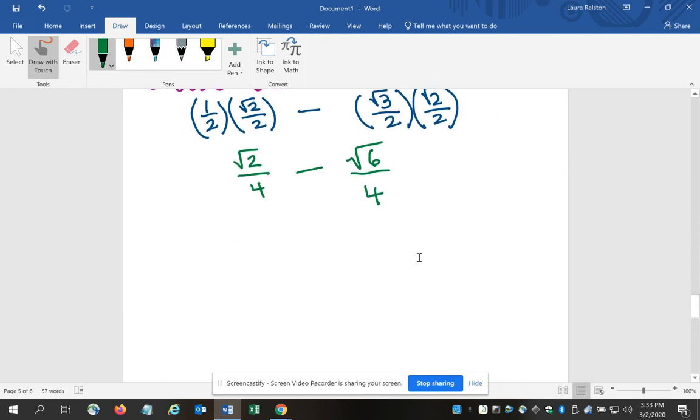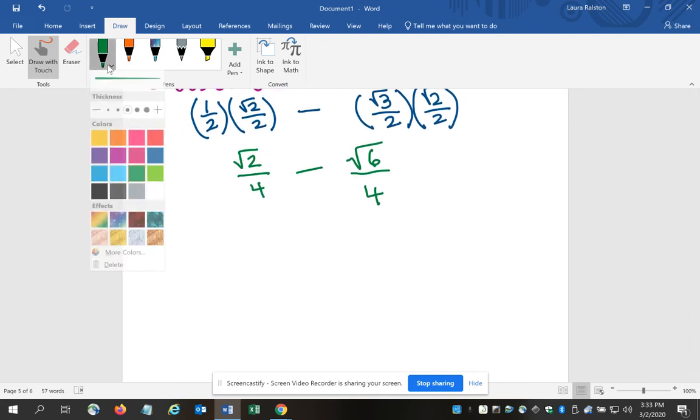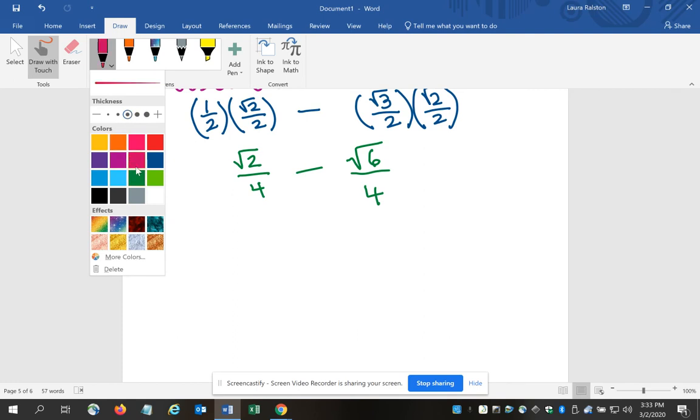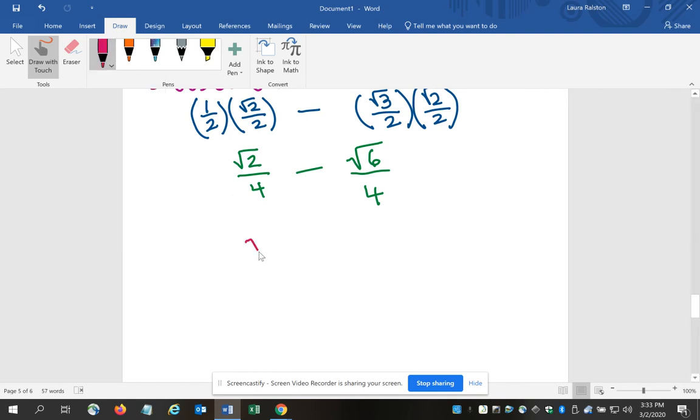Since I have a common denominator, I can combine my terms. We would have the square root of 2 minus the square root of 6, all over 4. And that's the exact value for the cosine of 105 degrees.